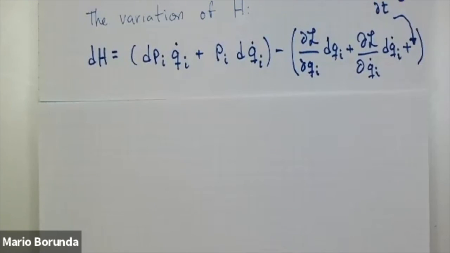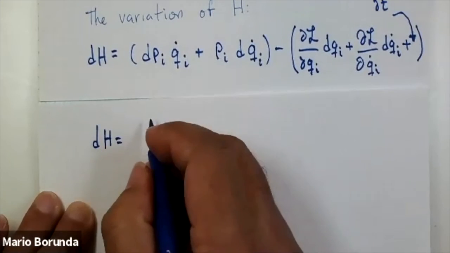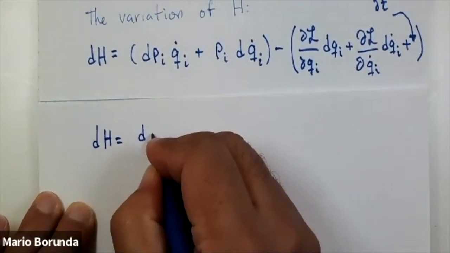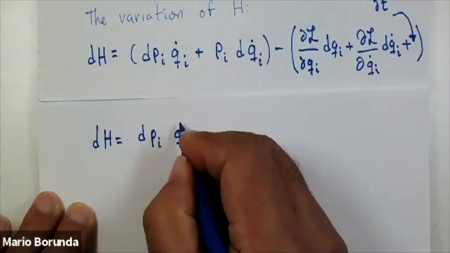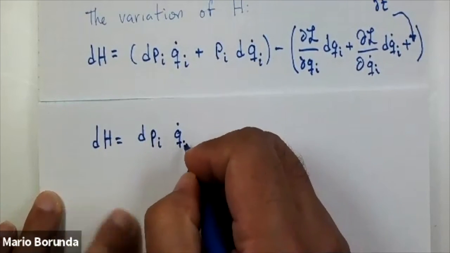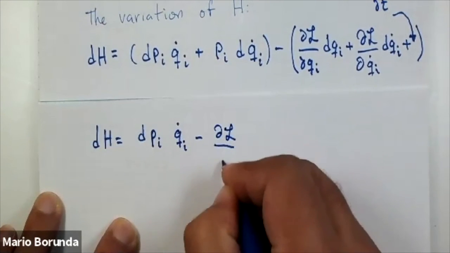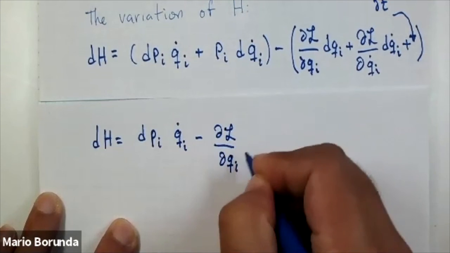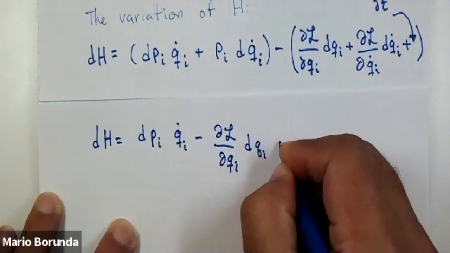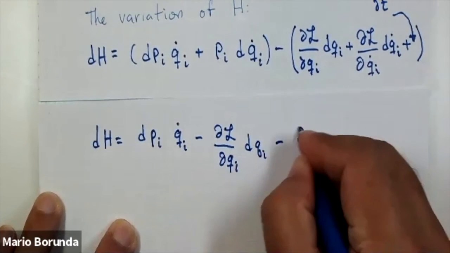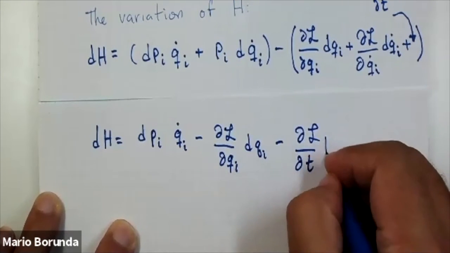I can rewrite this, and this would just be dpi q dot I minus dL/dqi dqi minus dL with respect to time dt.